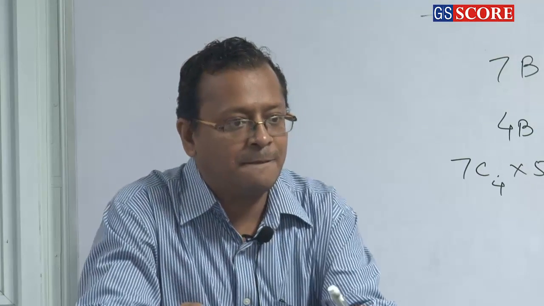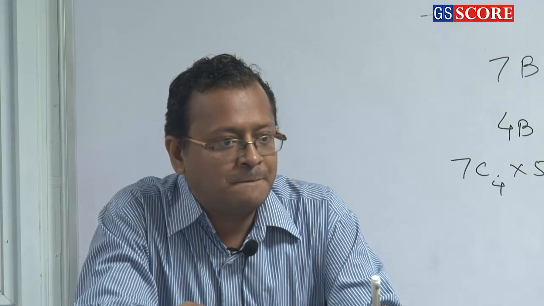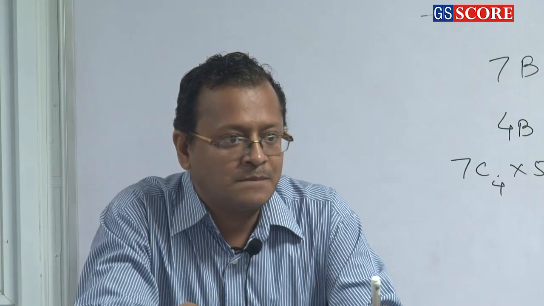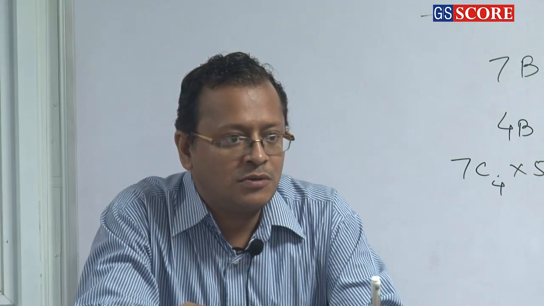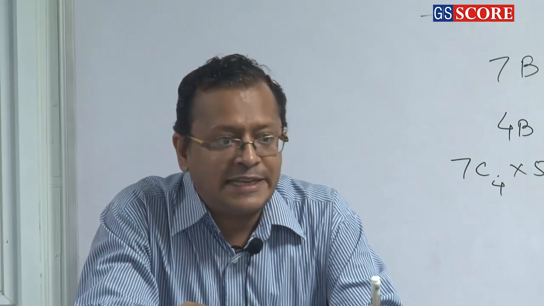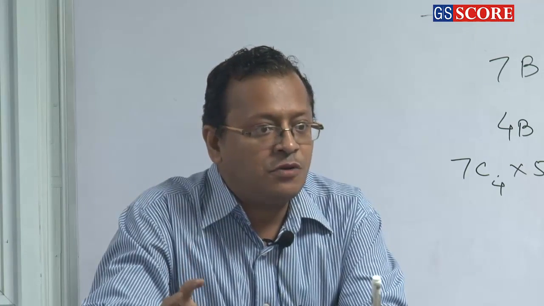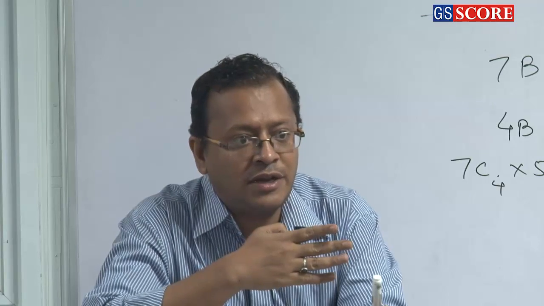Okay. We fix 1 girl, 2C1, okay, 1 girl, and the rest 2 girls from the 3 girls. So 7C4 into 3C2 into 2C1. No, 7C4 into, now there can be 2 cases. 7C4 into, say G1 is there, G1 is out.